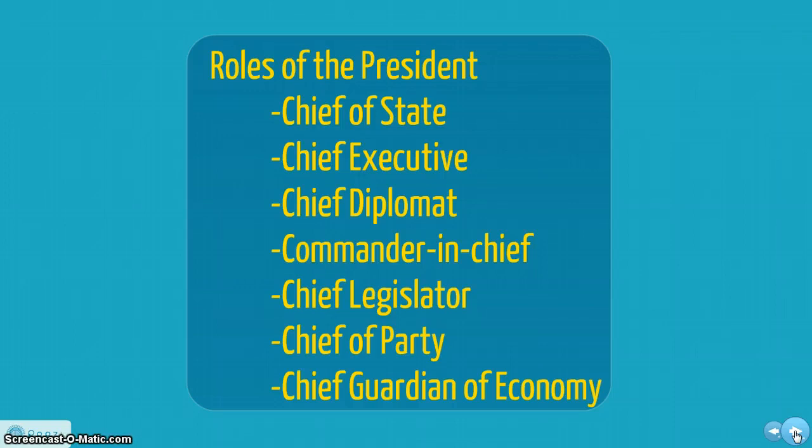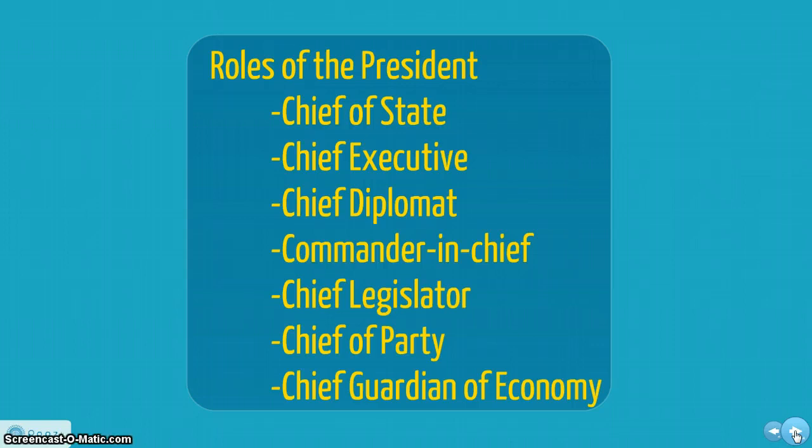The chief of party, as I've spoken about before with political parties, if there's a Democrat in office or a Republican, they're the head of their party now. They're the president. They make sure that others in their party are elected to other positions, such as senators or representatives. They campaign for them, and they represent their party with respect and responsibility.